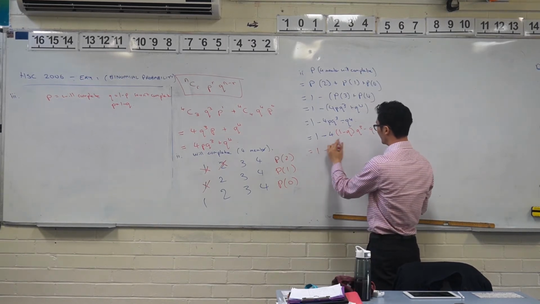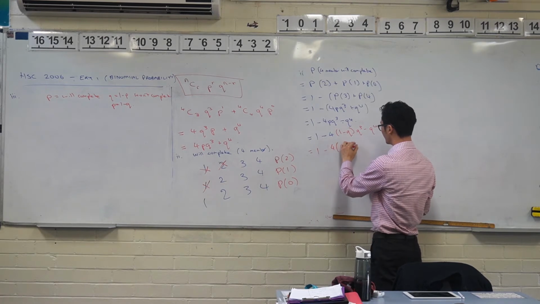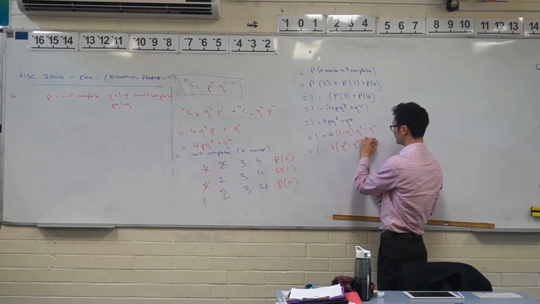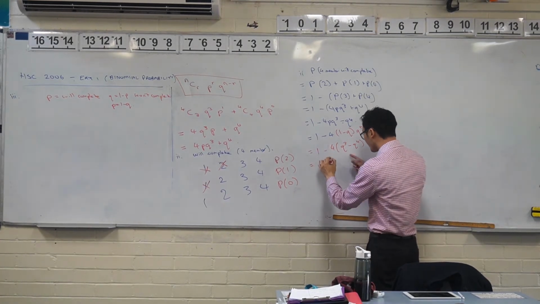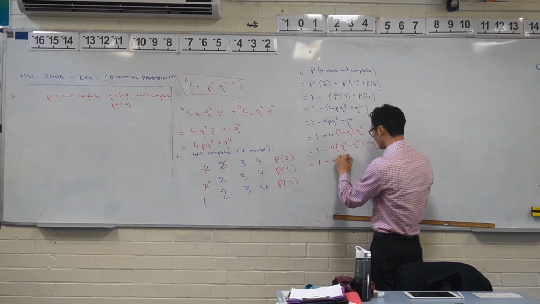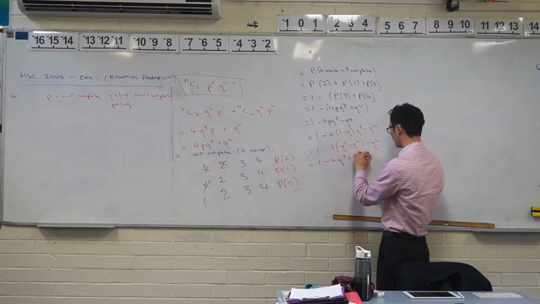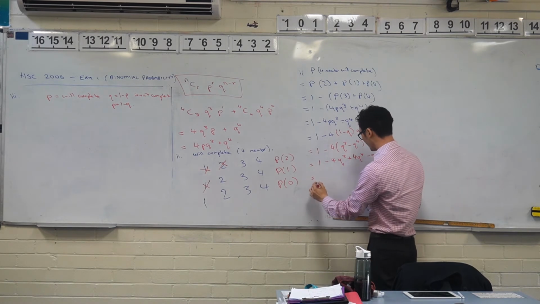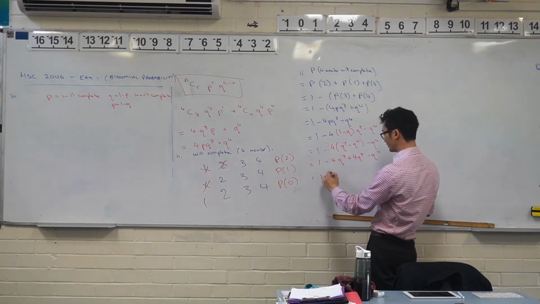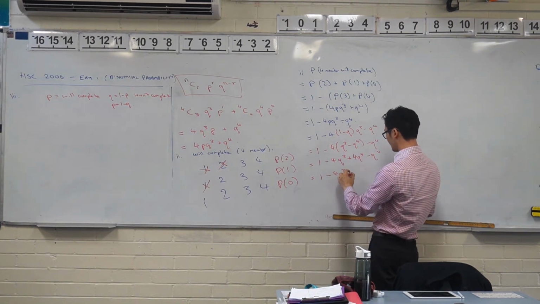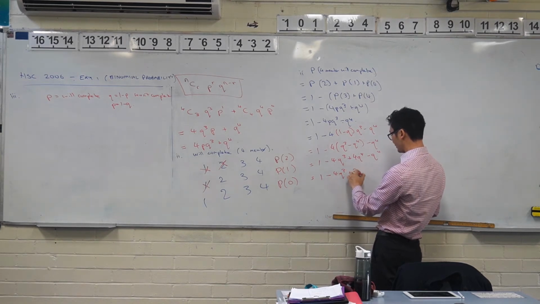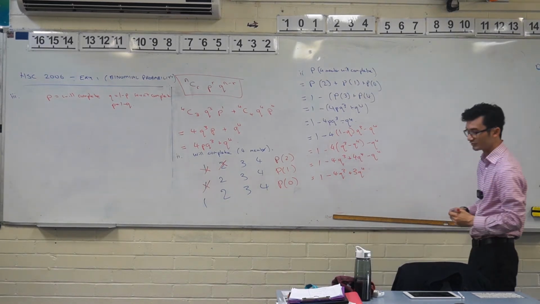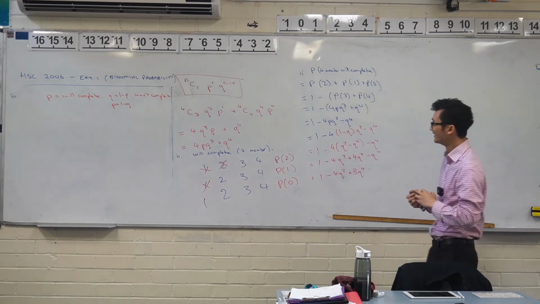So 4Q cubed times (1 minus Q) becomes 4Q cubed minus 4Q to the 4. And then that becomes 1 minus 4Q cubed plus 4Q to the power 4 minus Q to the power 4. It does simplify a little bit, actually. So 1 minus 4Q cubed plus 3Q to the power 4 is our expression in terms of Q. Okay?